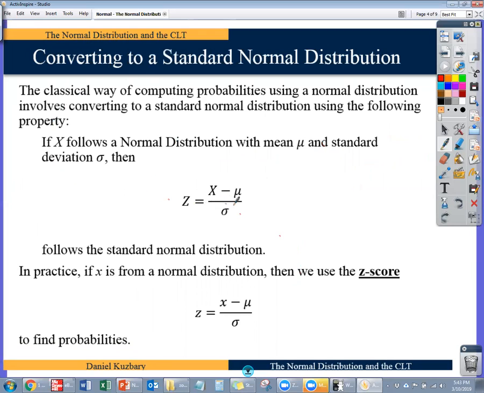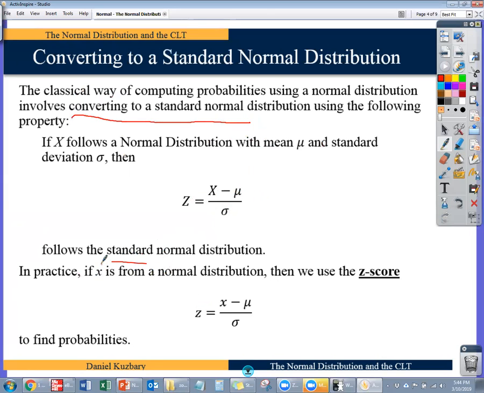This says the same thing that was on the last slide, a little bit of a repeat, but the classical way of computing probabilities using a normal distribution involves converting to a standard normal distribution first. We can take any data value from a normally distributed variable, subtract mu, divide by sigma, and get something that's standard normal.